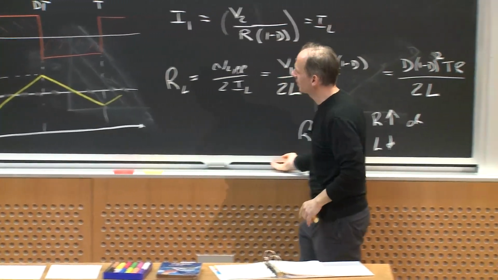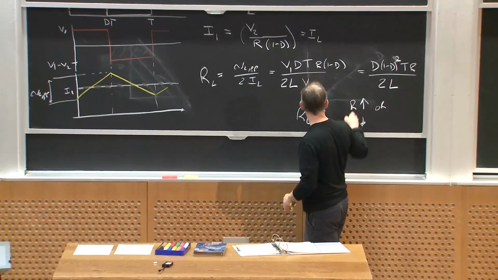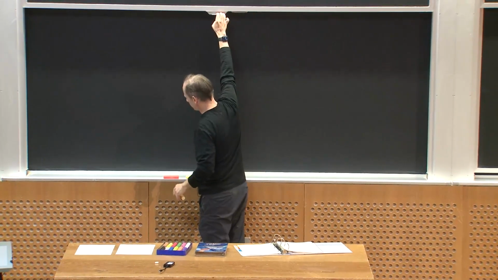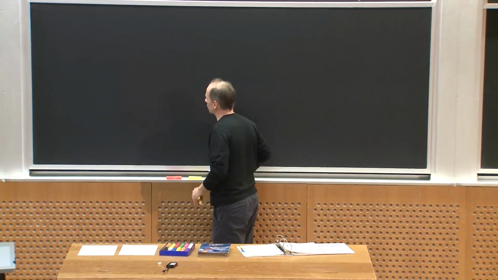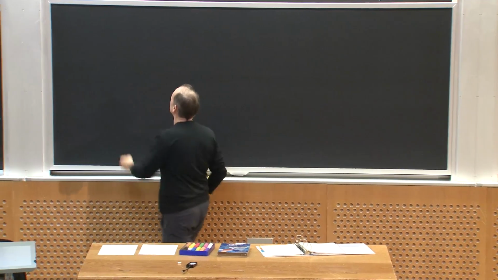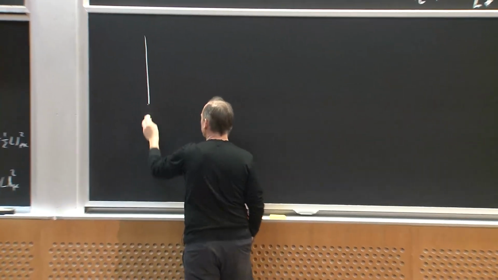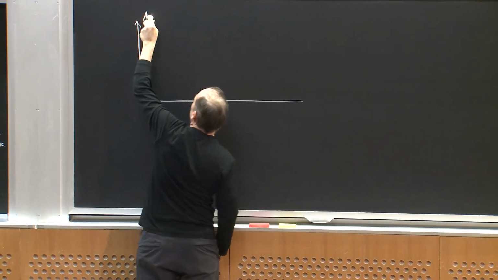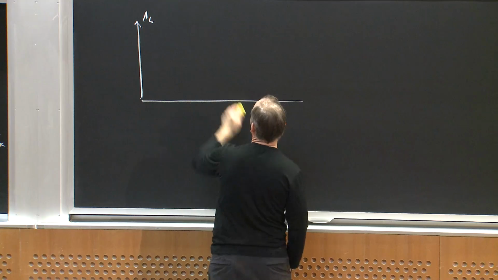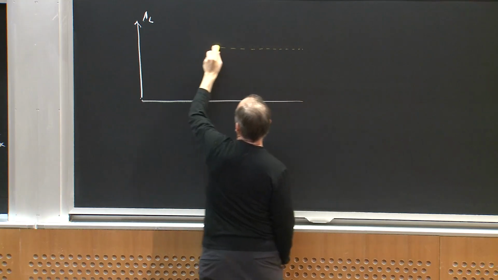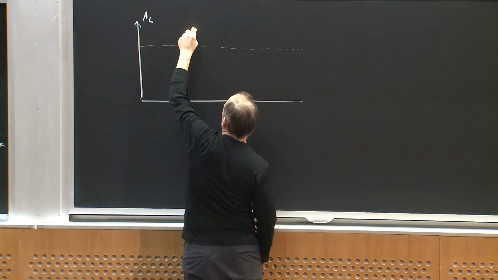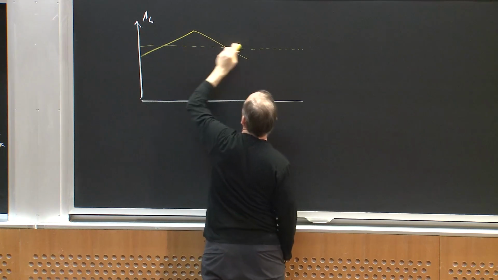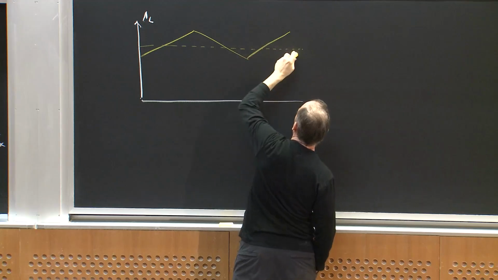So let's start to think about the impact of changing resistance and inductance. So let me replot IL again. Okay, and we said maybe I have some average value and I have some ripple that does this, and so forth.